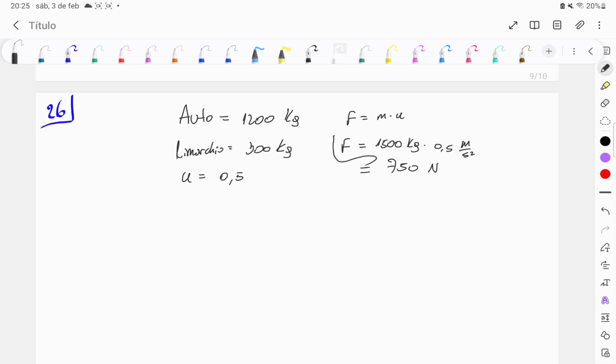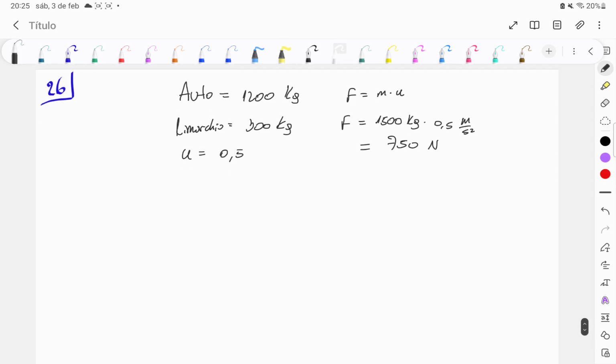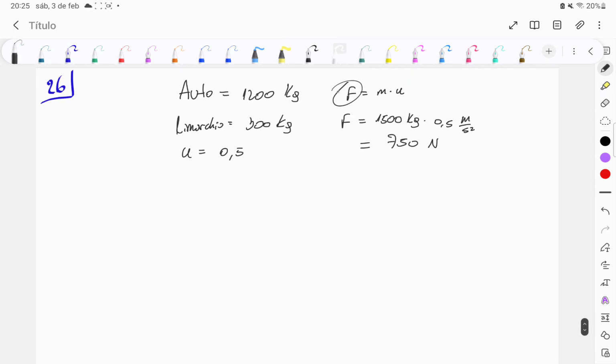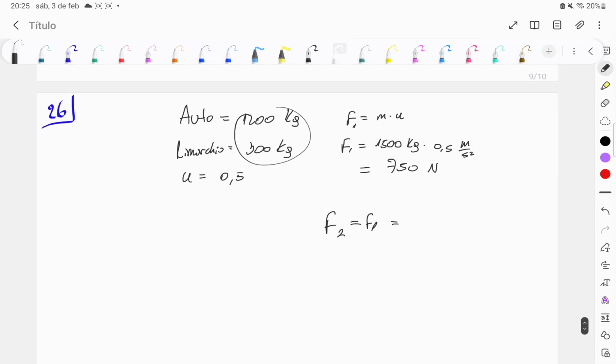And what we say, again, the force doesn't change. We lose the trailer, therefore we are 300 kilograms lighter, but the force doesn't change. How much does the acceleration change? If we want the acceleration and we have the force and the mass, we can use the second law of Newton. So F2 is going to be equal to F1 because we say it doesn't change. But the mass, how much is it now? Now it's not 1,500 because we lost 300 kilograms.